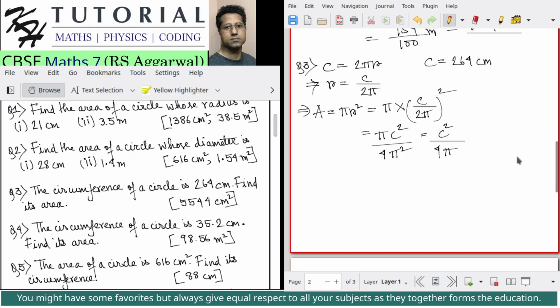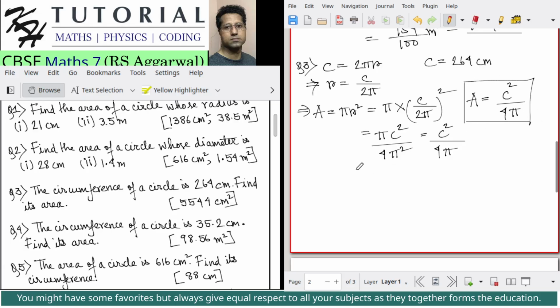So if you know the circumference, then based on the circumference you can also find the area. The area of a circle is equal to circumference square divided by 4 pi. This is also a good formula or result you must remember. So finding the area in terms of circumference, area is equal to circumference square divided by 4 pi.